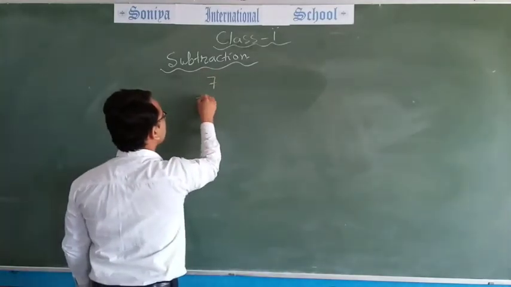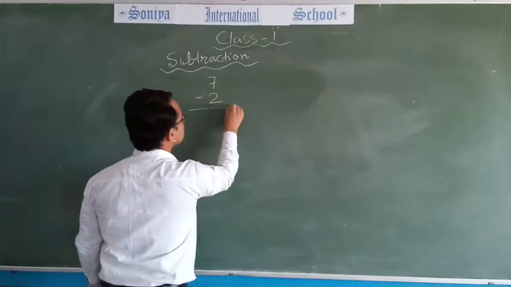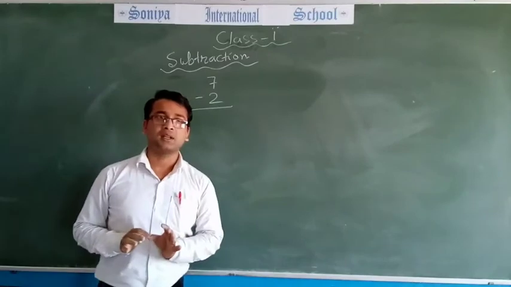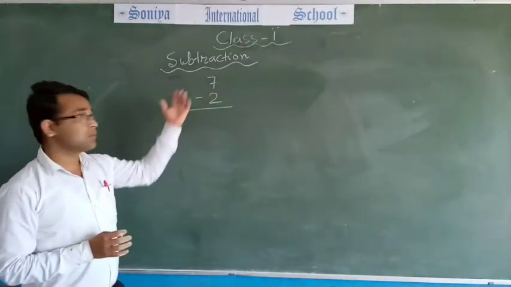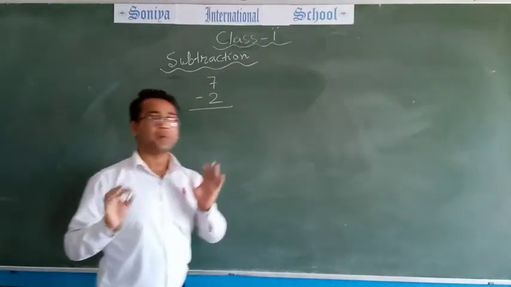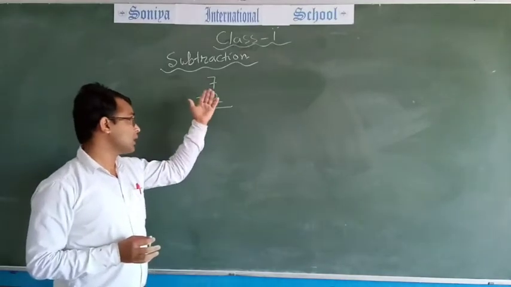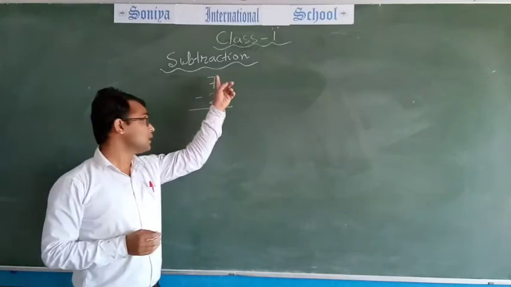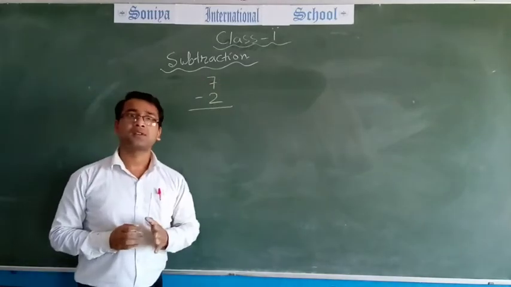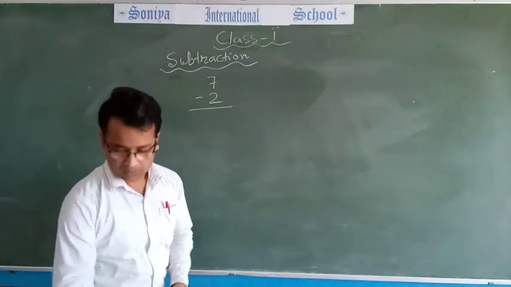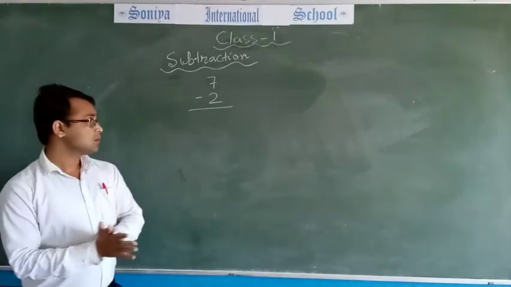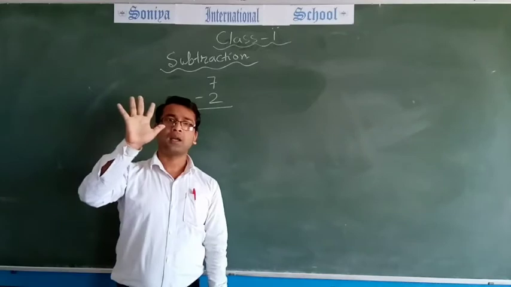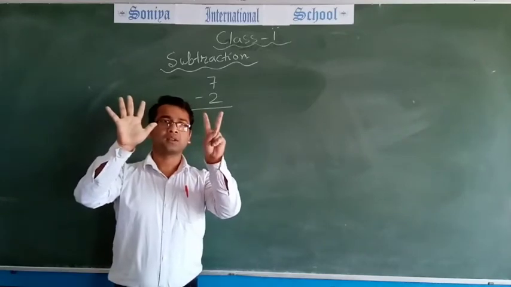Seven minus 2. Let's count fingers. This is the finger method. Let's count fingers and take away. How many is this number? 7. Let's count. 1, 2, 3, 4, 5, 6, 7.